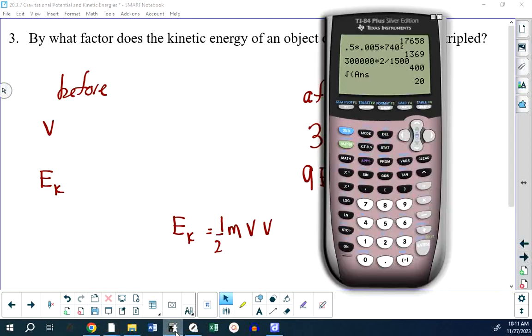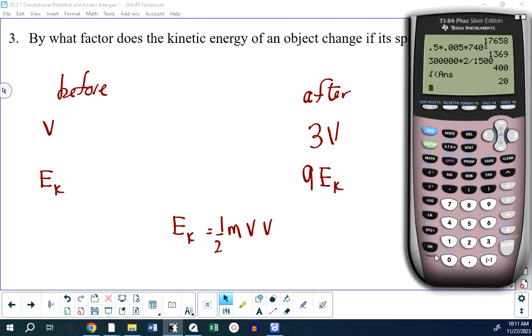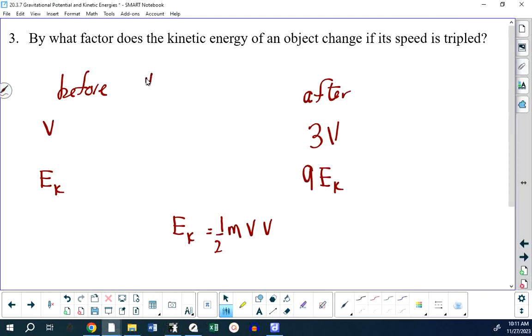You certainly could, if you're stuck on an exam, do the following. Let's take a 4-kilogram object moving at 2 meters per second and calculate its kinetic energy. Do it, 1/2 mv squared. I'm thinking you're going to get 8.